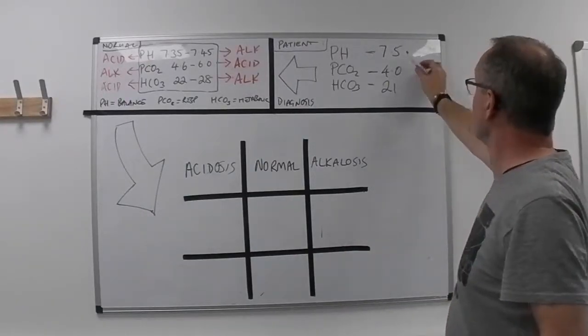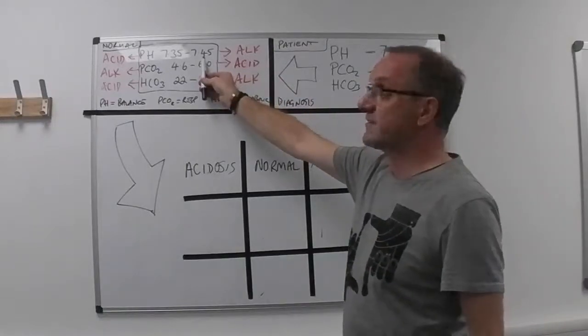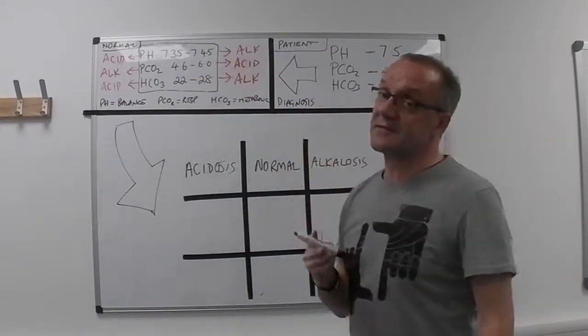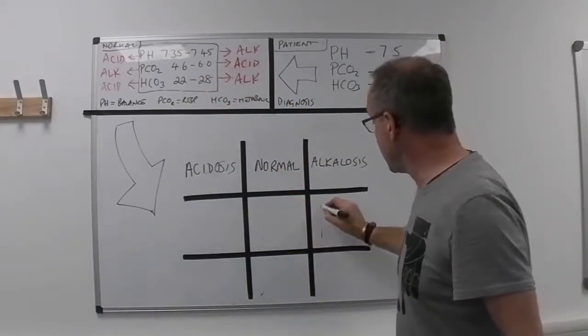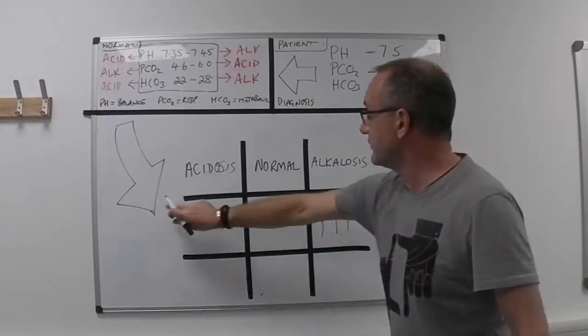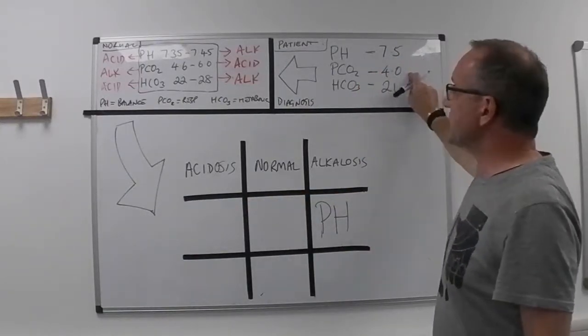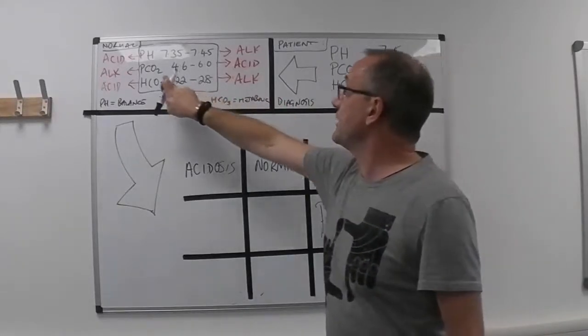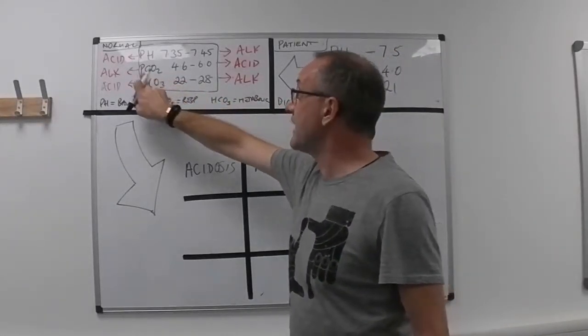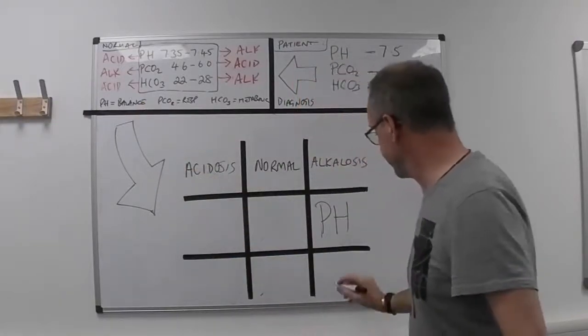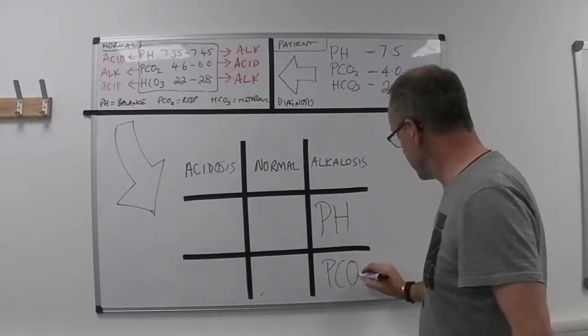Exactly the same thing. 7.5 is above 7.45, which makes it an alkalosis. So we put pH in the alkalosis column. Remember, PCO2 is 4.0, which is lower than normal, so it makes it alkalotic. So PCO2 goes in there.